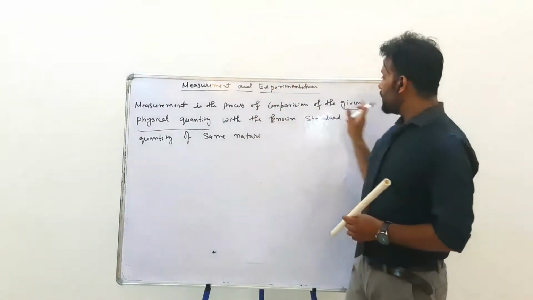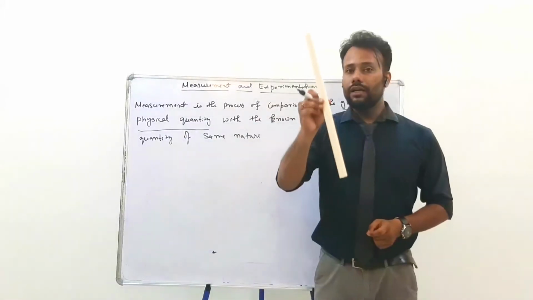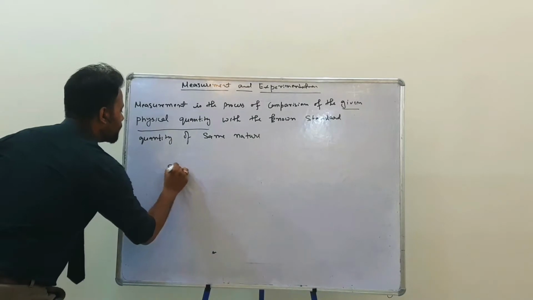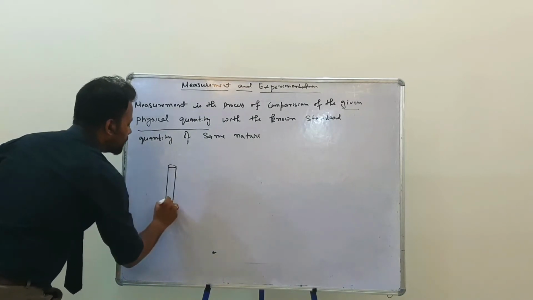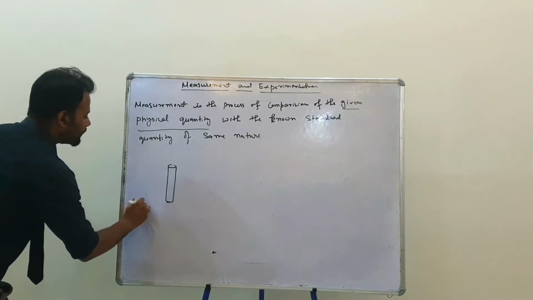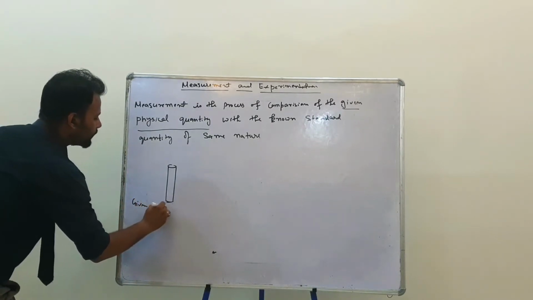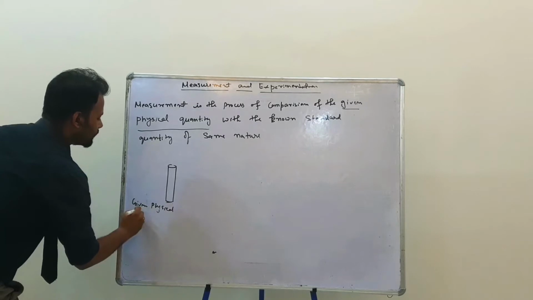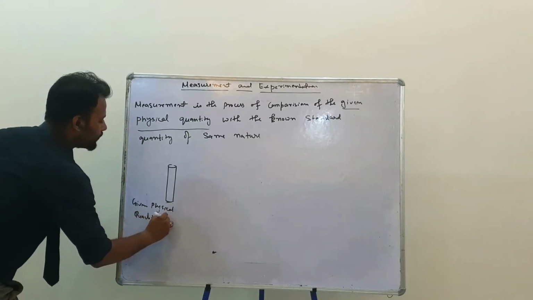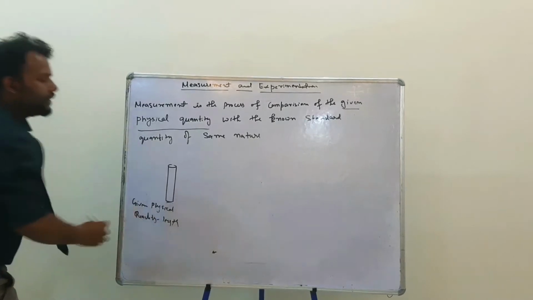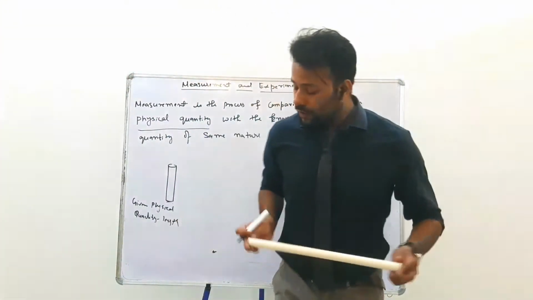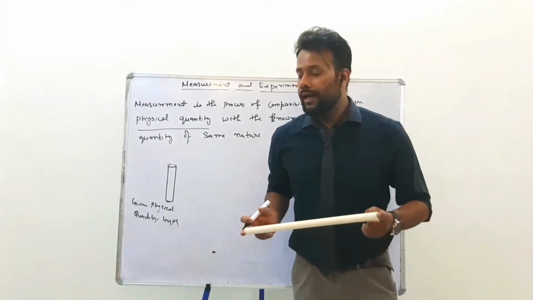So the given physical quantity is nothing but the length of the pipe. Suppose I am drawing a pipe here. So this is the given physical quantity, the length. Now I want to calculate the length of this pipe.